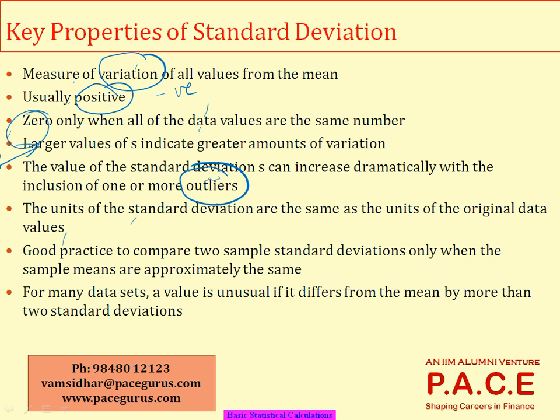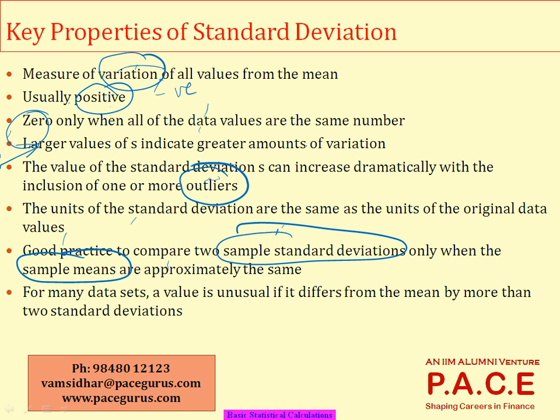And whenever we have to compare two sample standard deviations, say this particular data's standard deviation is lesser than some other data's standard deviation, it's appropriate to make that comparison only if their means are more or less the same. Only then will we compare the sample standard deviations straightforwardly.